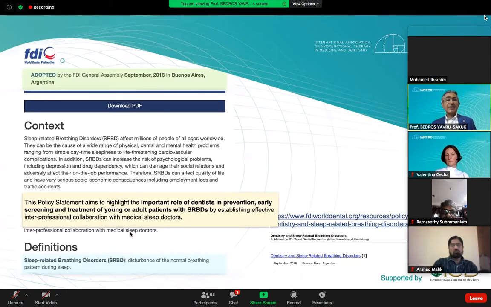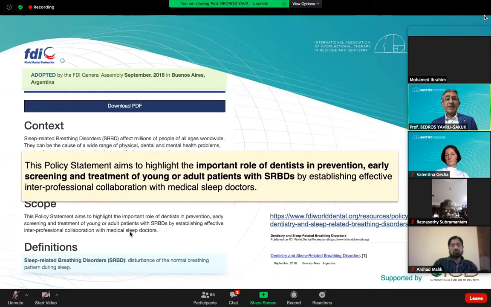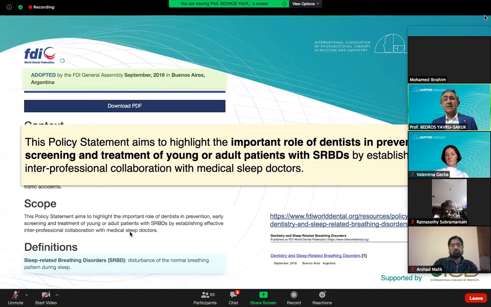This policy statement aims to highlight the important role of dentists in prevention, early screening, and treatment of young and adult patients with SRBDs by establishing effective interprofessional collaboration with medical sleep doctors.